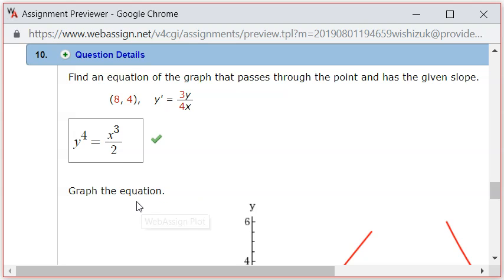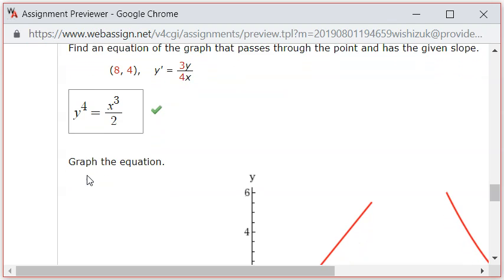Then we want to find the graph of the equation. One thing you have to notice is that since y to the fourth power is non-negative, it's never negative, so x cannot be negative, which means that the graph is always on the right side of the y-axis.